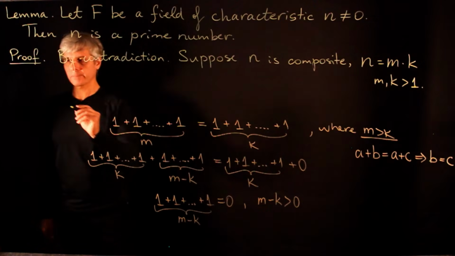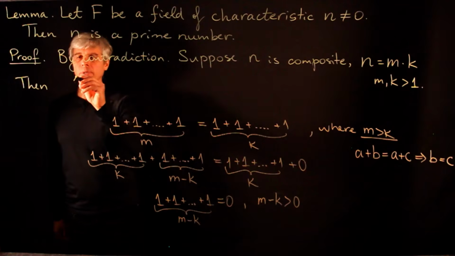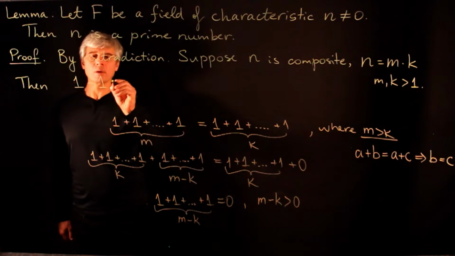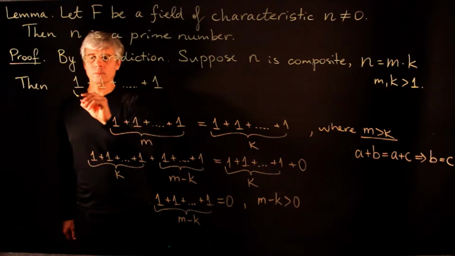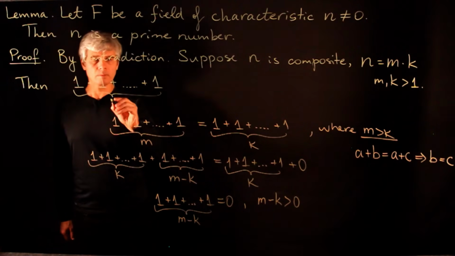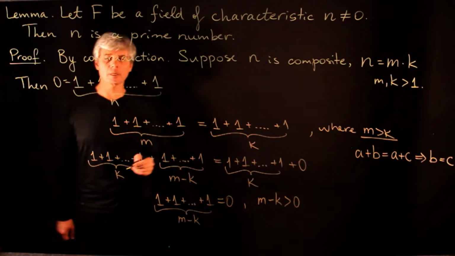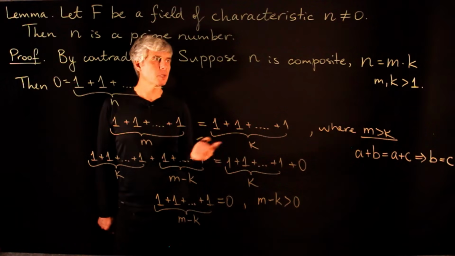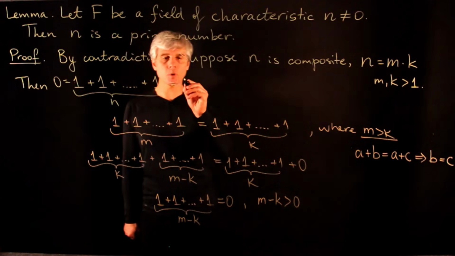So then, if we write the sum of n ones, well, this is going to be 0 because it's the characteristic of a field. But because n is composite, this sum can be factored as a product.